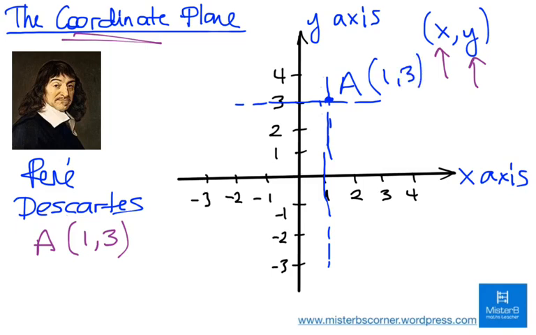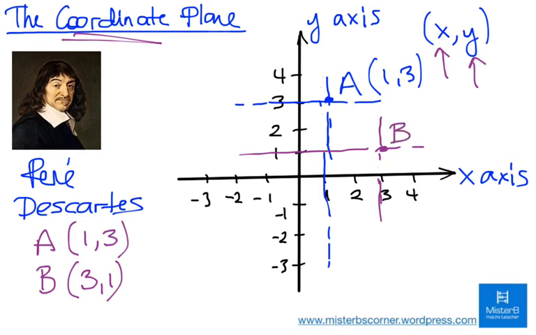Whereas if you have a point B, which is 3 to 1, then your x value will be 3, so it's going to be this, right? And then y value will be 1, so basically that's going to be the point B. So you can see the difference between the location of A and B just because these ordered pairs change.